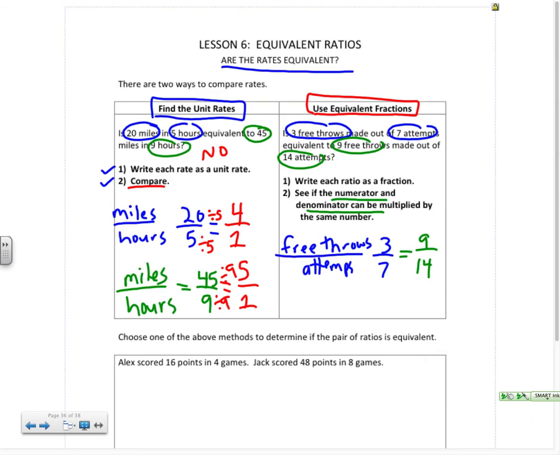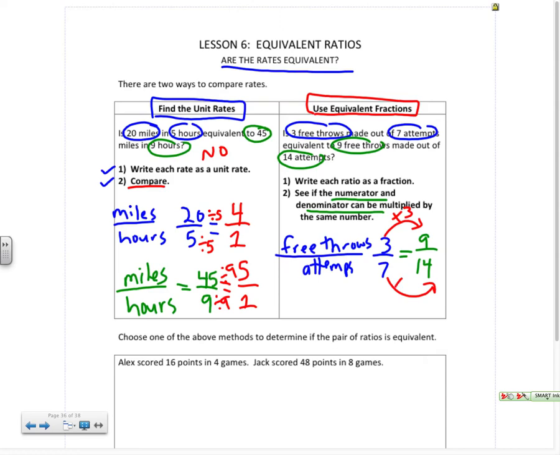So first of all, what do you notice? Aiden, what do you notice about my numerator? That 3 goes into 9. How many times? 3 times. Okay. So if I multiply my top number, or my numerator, by 3, what do I have to do to my denominator, Michael? Times it by 3.